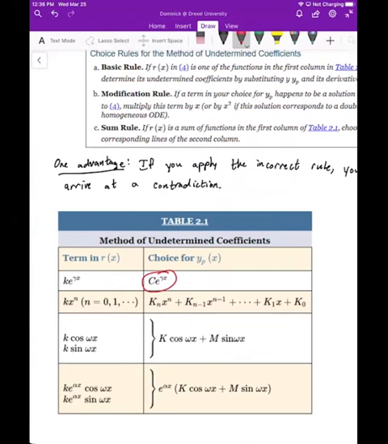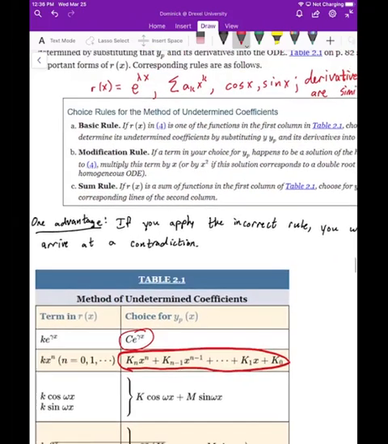Now, if you have a polynomial term or like a power term, basically you want the sum of that power term plus all of its preceding power terms. And if you have either sines and cosines, you take a sum of sines and cosines, or if you have exponentials times sines and cosines, you take an exponential times the sum of sines and cosines.